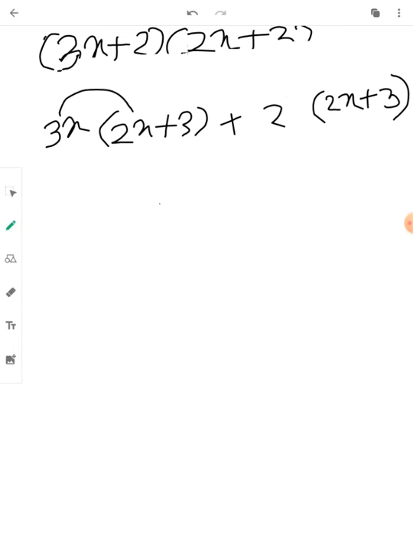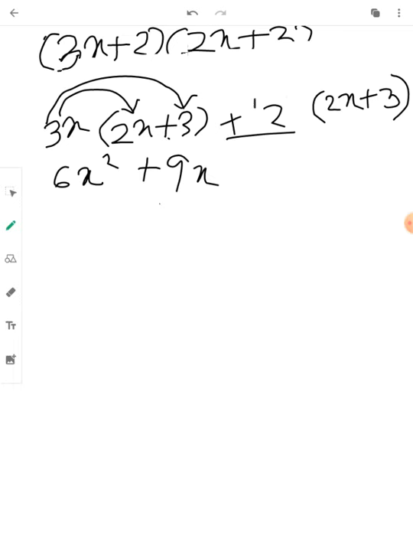Okay, 2x times 3x is equal to 6x squared, plus 3x times 3 is equal to 9x, and here it's plus 2 times 2x, that is equal to 4x.